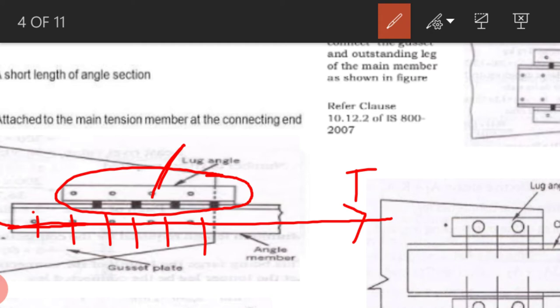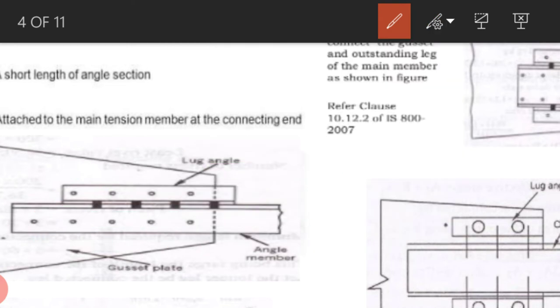In many cases the cost of providing lug angles may be more than providing the extra length and thickness of the gusset plate. Hence these are not used in practice nowadays, because they were expensive.